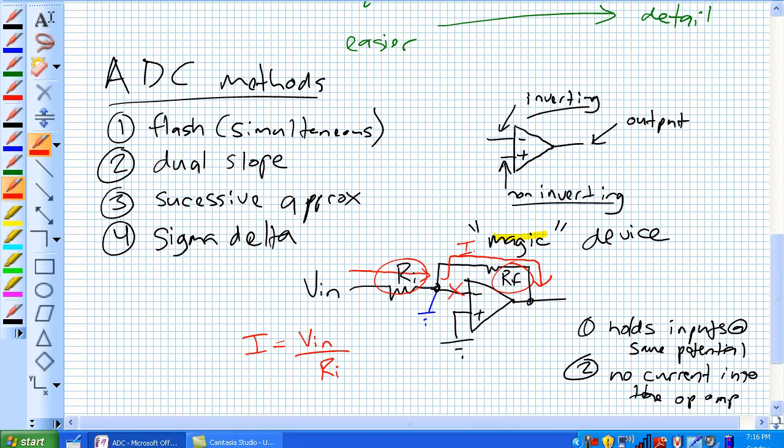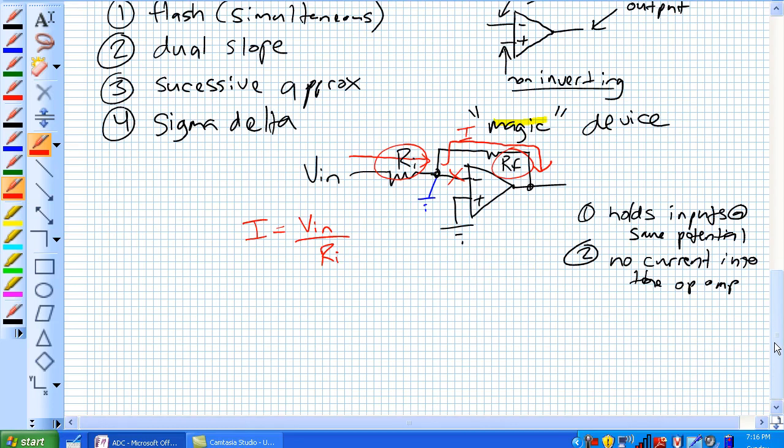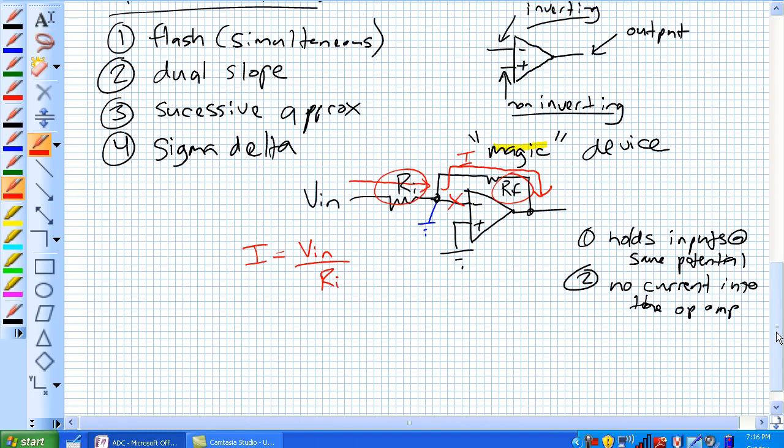So if you've got current flowing through RF, that means there will be a voltage drop across RF. Aha, so you see what's going on now. And according to our conventional definitions, if that was at 0 volts and current is still flowing in this direction, it means that there's a lower potential here.